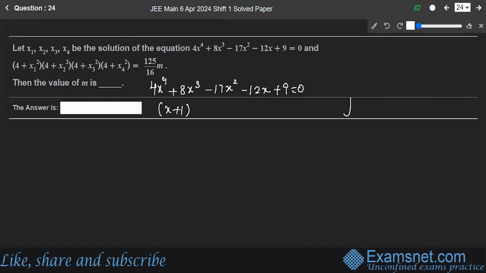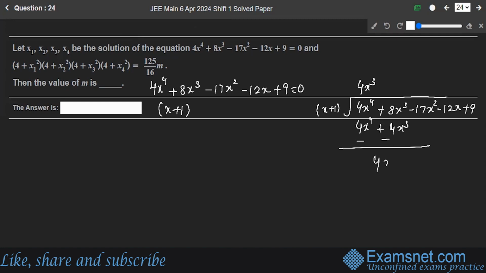So let's find out what will come out as the quotient when I divide 4x power 4 plus 8x cube minus 17x squared minus 12x plus 9 by x plus 1. So you will have 4x cube. This will give me 4x power 4 plus 4x cube, minus.